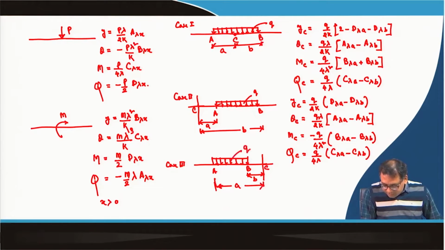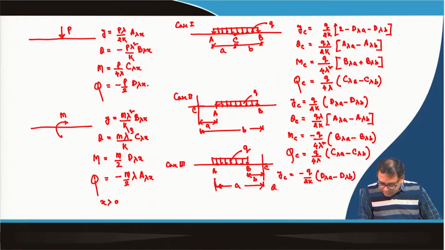This is q. In such a case, the y_C value is equal to minus q by 2k D lambda a minus D lambda b. Then theta_C is equal to q lambda by 2k A lambda a minus A lambda b.